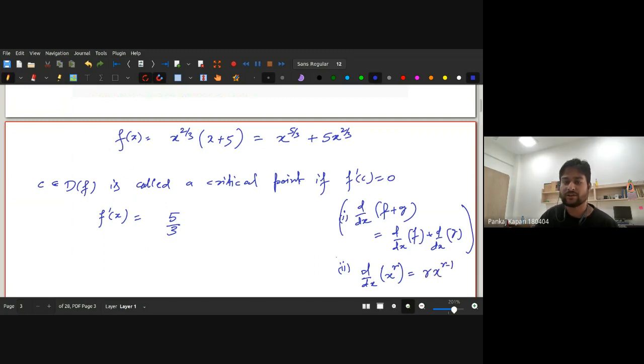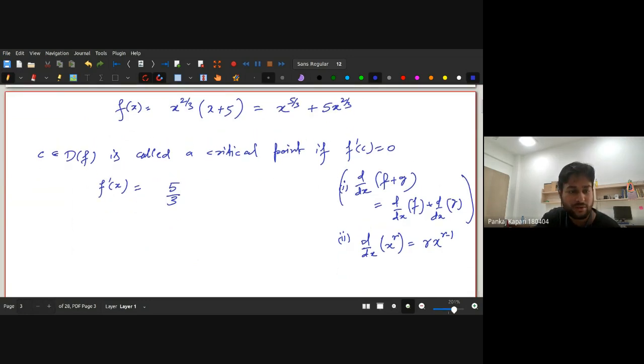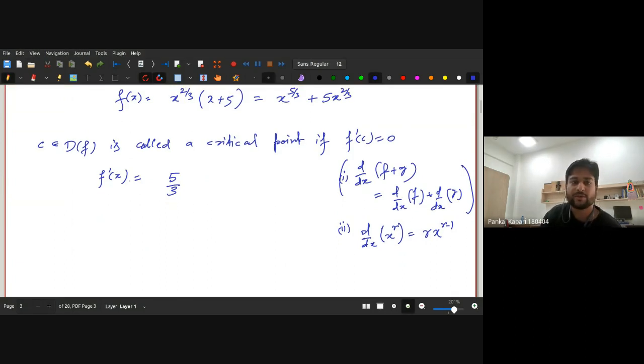So the derivative is 5 by 3 times x to the power 2/3 plus 10 by 3 into x to the power 1/3. That is the derivative.